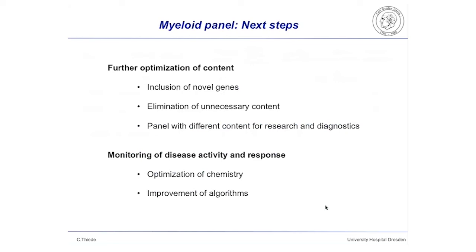We want to eliminate some of the not so important content currently included, and we want to have different content for research and diagnostics, to have a smaller kit for diagnostics and a more comprehensive one for research purposes. We want to optimize, and when I say we, I say Illumina, the chemistry, and we also want to use improved algorithms for the detection.